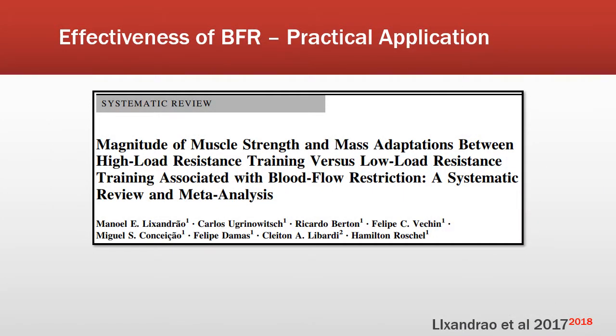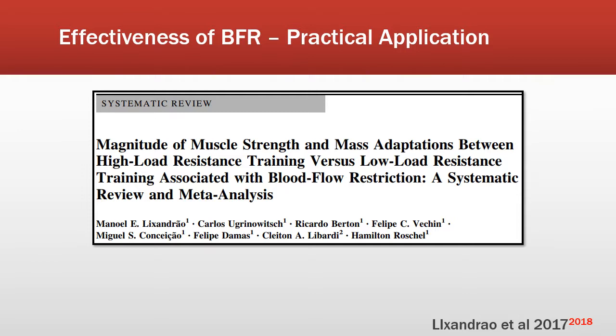Okay, and then I do want to make a very important point, because there is some misconception that high load resistance training can be potentially less effective than low load BFR, and that is not the case, based off the data.